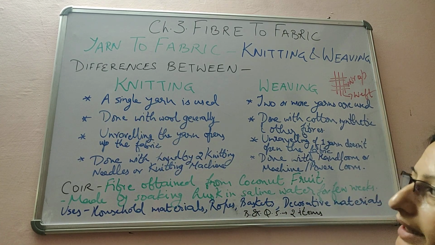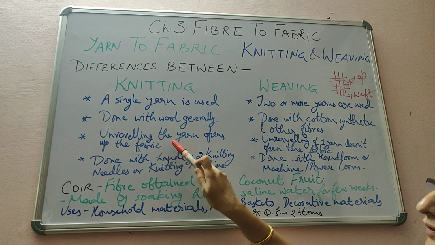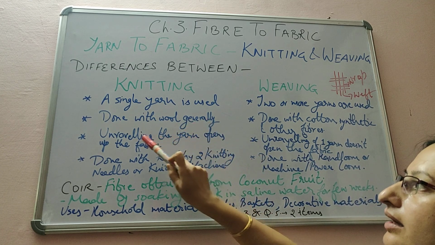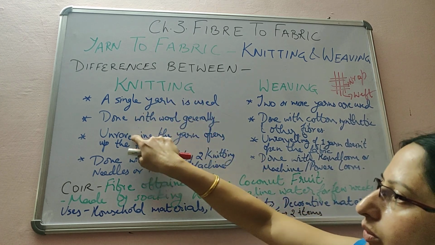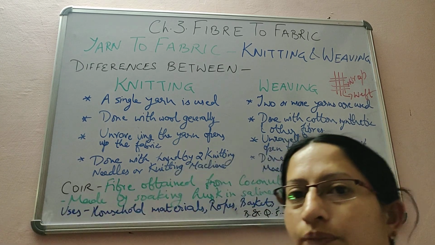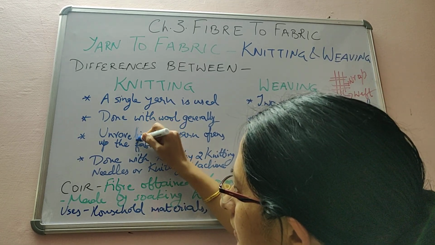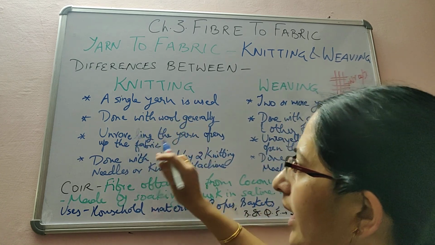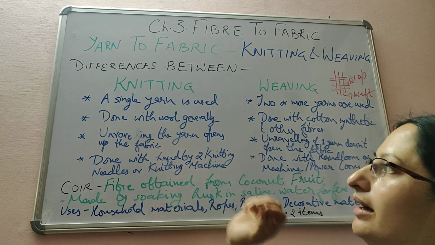Now in knitting what happens, if suppose we have a knitted fabric, and we start taking out the yarn from that, the cloth will slowly start unraveling. So I hope you understand what is this unraveling of fabric. Unraveling means the fabric is slowly coming out.